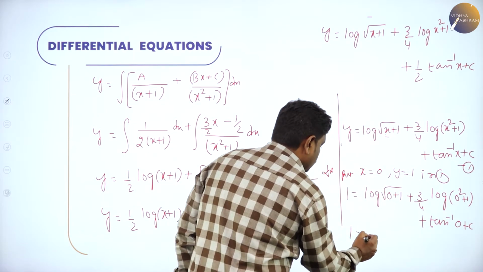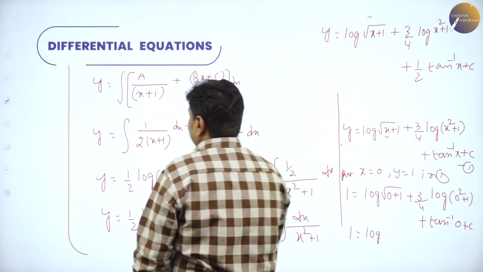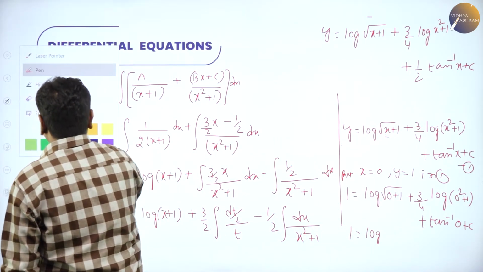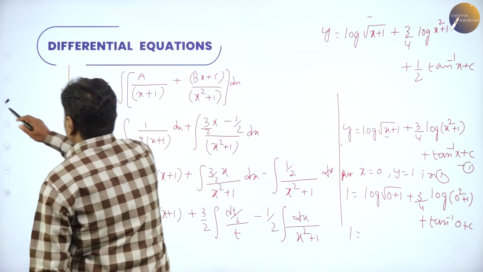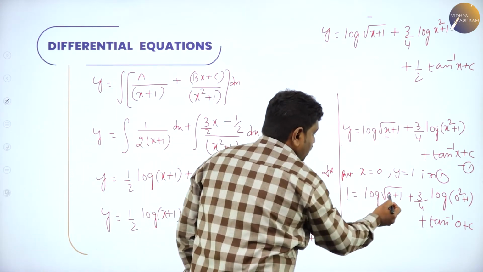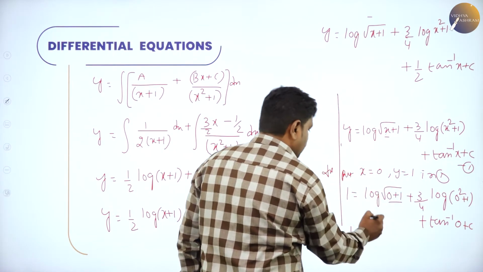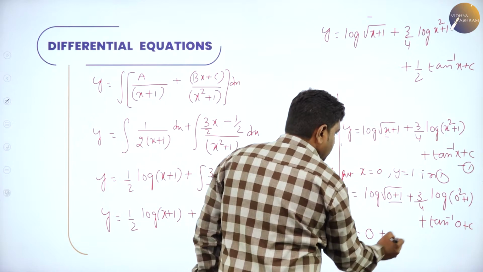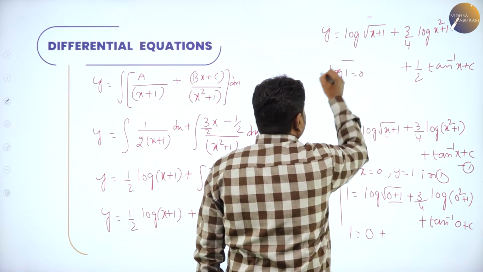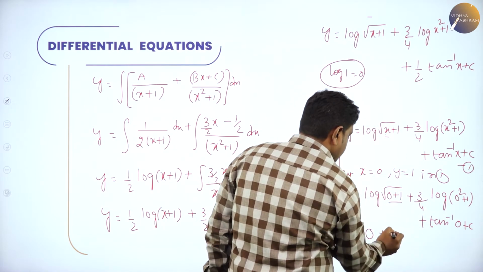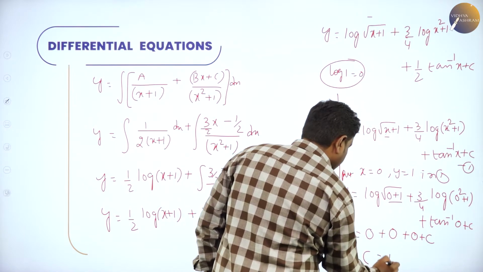Log of root 1 is log 1, and log 1 is 0, this is important. So this will become 0 plus 0 plus c. So you got c. C is equal to 1.